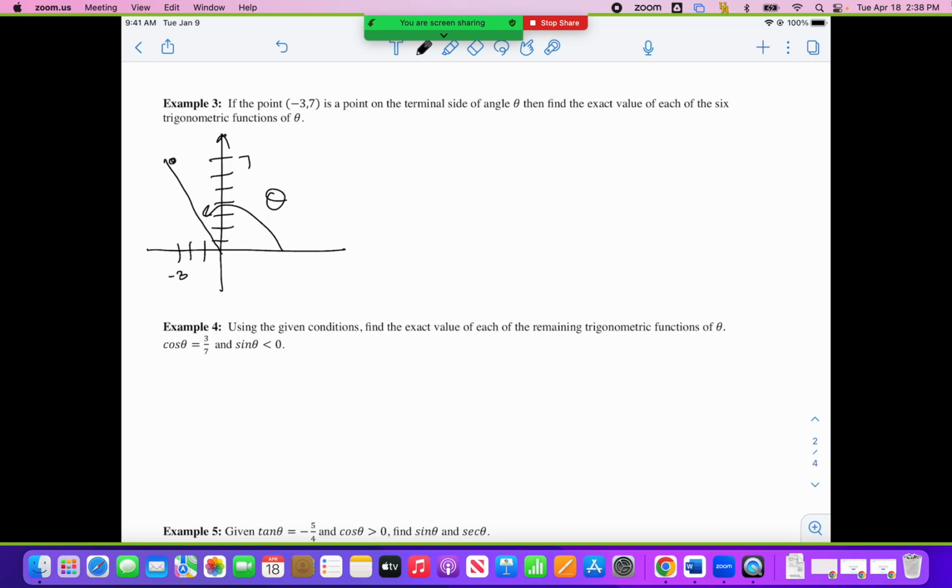So I'm going to drop a perpendicular to the x-axis. We're going to pretend that's to the 3, okay? And this is left 3, up 7. Go ahead and take a moment and find the hypotenuse using the Pythagorean theorem. A squared plus b squared equals c squared.